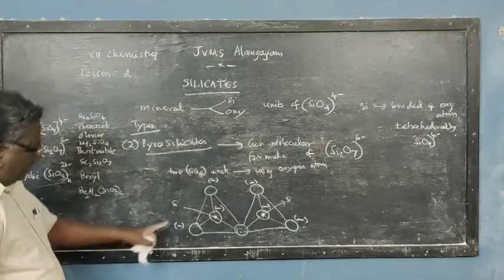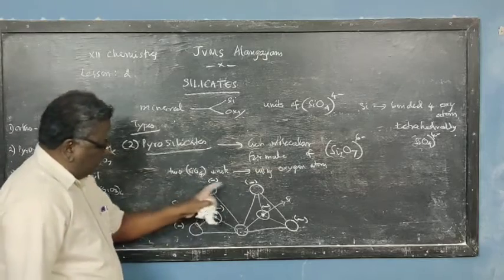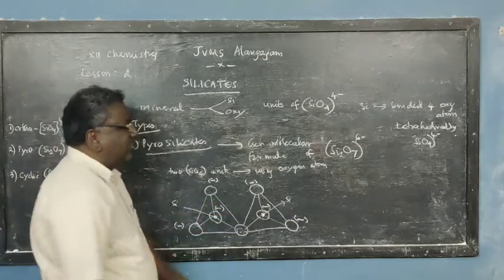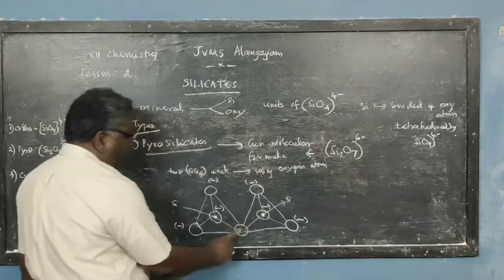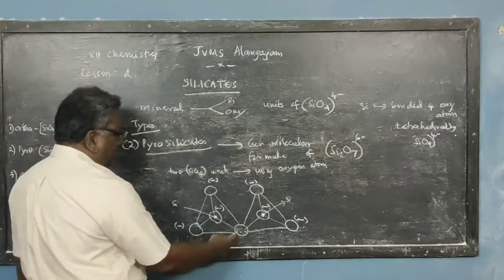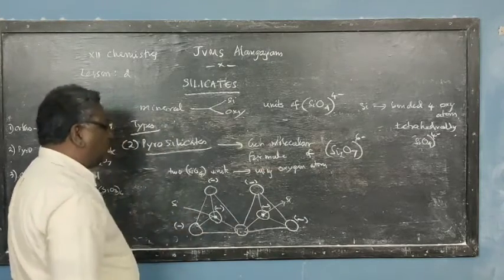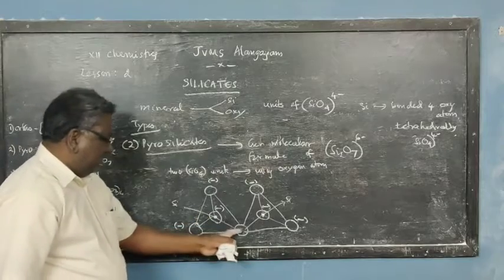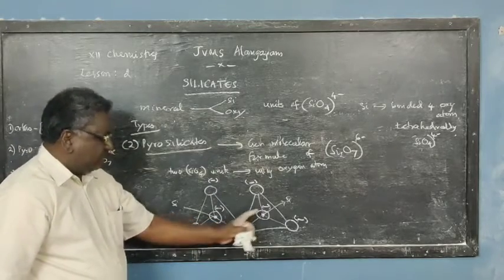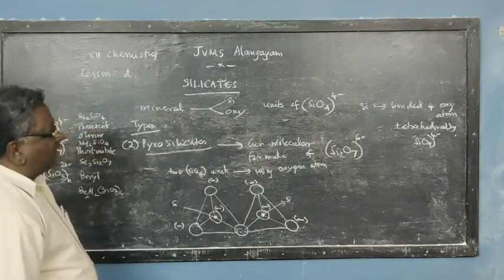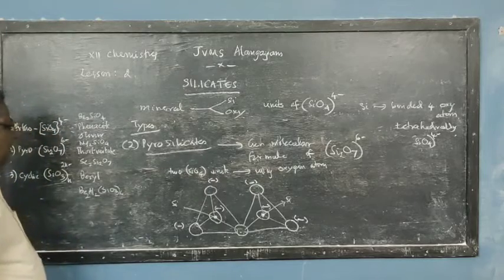So we get how many minus? 1, 2, 3, 4, 5, 6. That's why 6 minus. There is no minus charge for this oxygen because it is bonded with 2 silicon atoms. So this silicon is also bonded with this. Therefore, it does not get a charge.